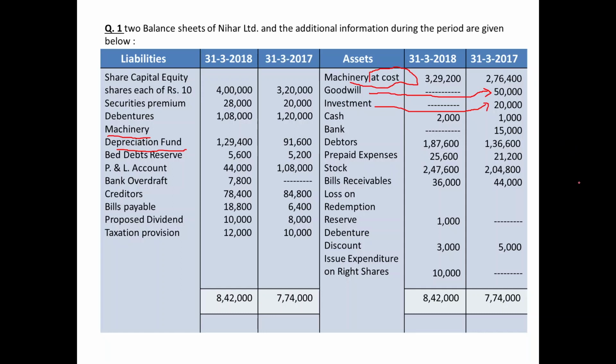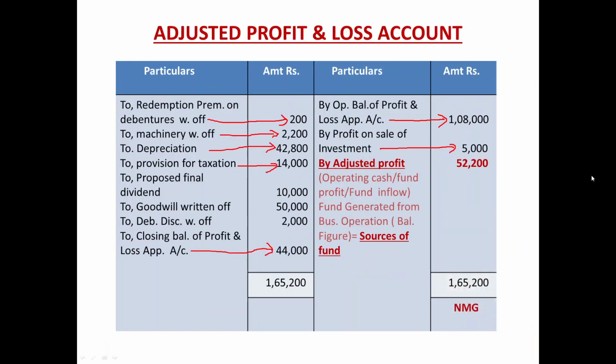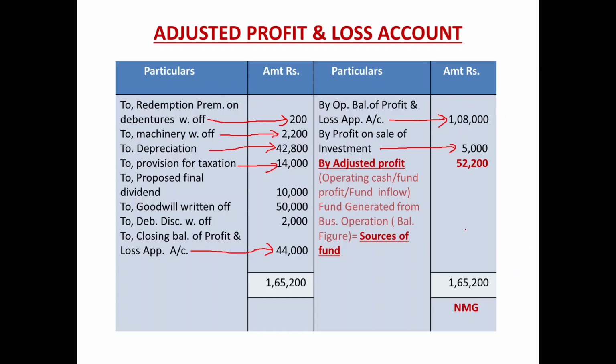What does it mean? It means during the current year, the company has already written off this goodwill by debiting it to the profit and loss account. Journal entry that would have been recorded: profit and loss account debit, goodwill account credit.